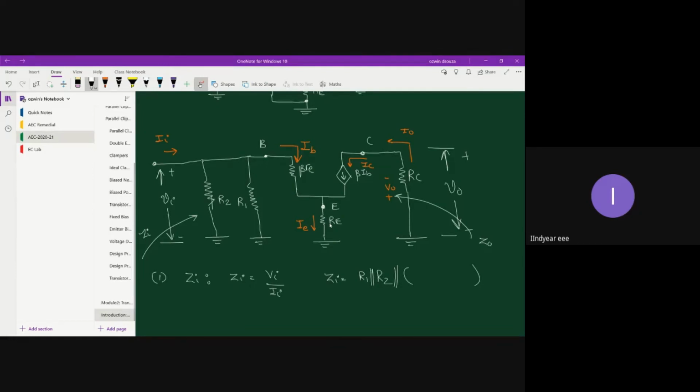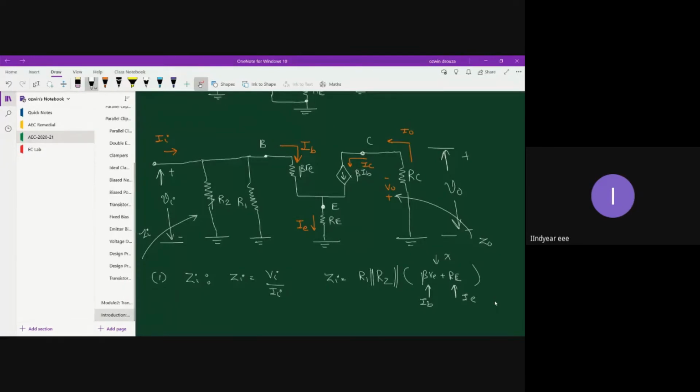But over here, the problem is that through beta Re, current IB flows, and through capital RE, current IE flows. Hence you cannot directly write beta Re plus RE, because this becomes wrong. Through beta Re, current IB flows, and through capital RE, current IE flows. So two different currents, and it cannot be a series circuit.